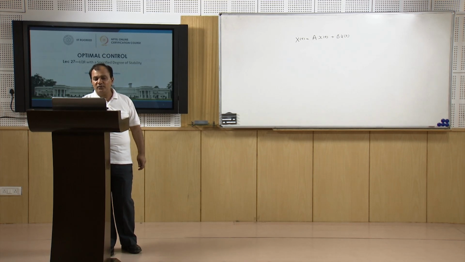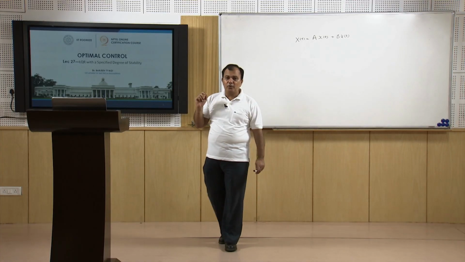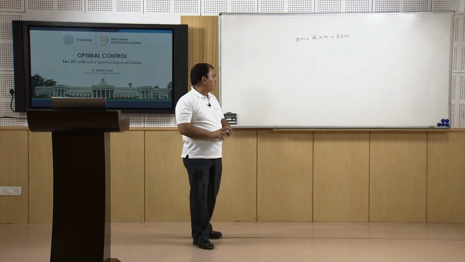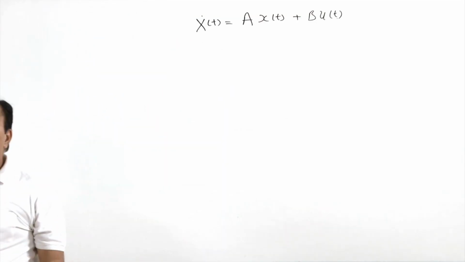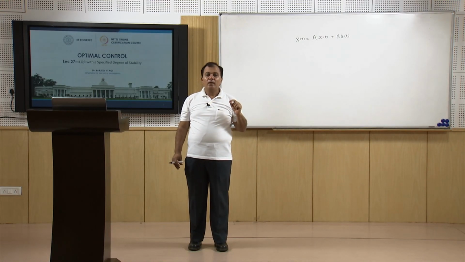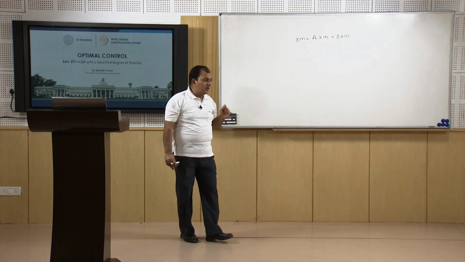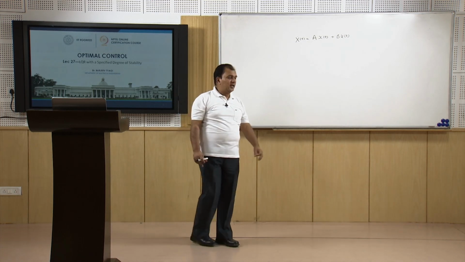In that case we considered J with only x prime Qx and u prime Ru, and e to the power 2 alpha t was not there. Since we are adding this term, the performance index is modified, so the Riccati equation which we used before cannot be used directly. Our approach is to convert the given system along with the performance index into the standard form of system representation and performance index, so that I can directly use the Riccati equation.